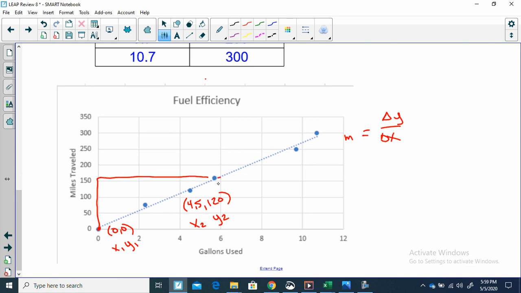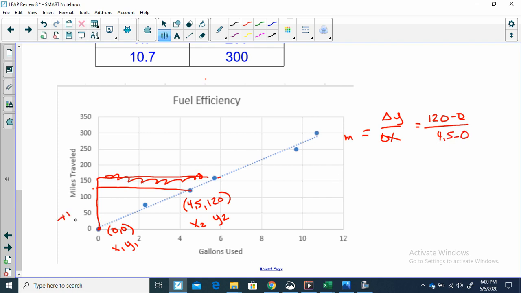I'm going from 0 to 120, so the difference is 120 minus 0, over the change in x, 4.5 minus 0.